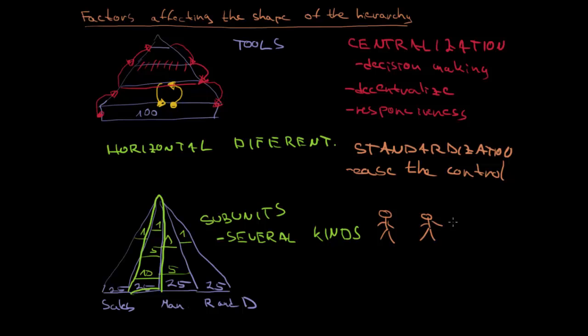If I do not have some standardization or some standard within the company, the manager will have to come to this employee and then this employee, and he will also have to look at their relationship. So he will have to do some personal monitoring.